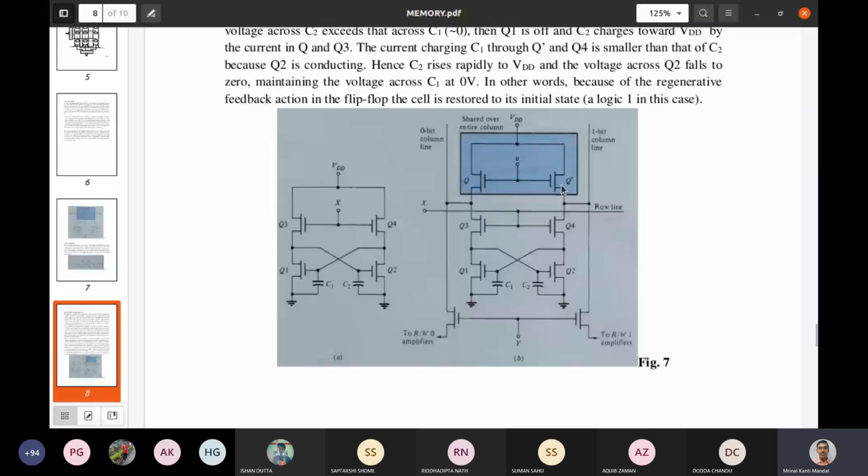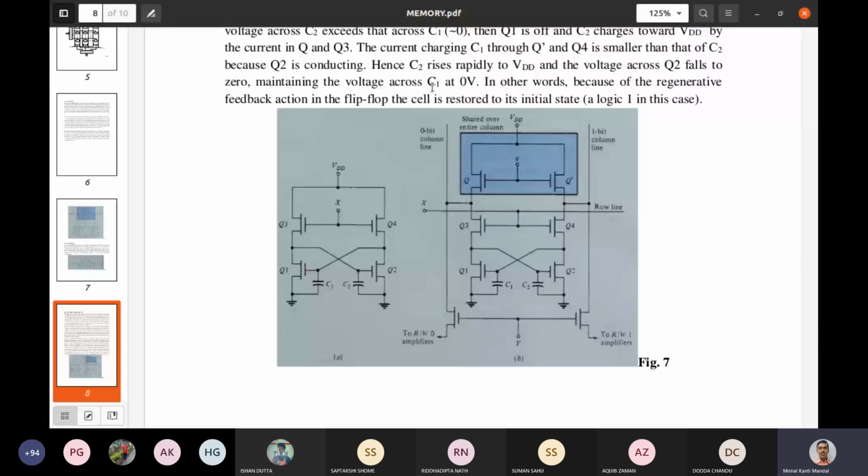V is a clock signal and Q bar is responsible for refreshing this cell, or all the cells in a particular column, depending on the voltage V.